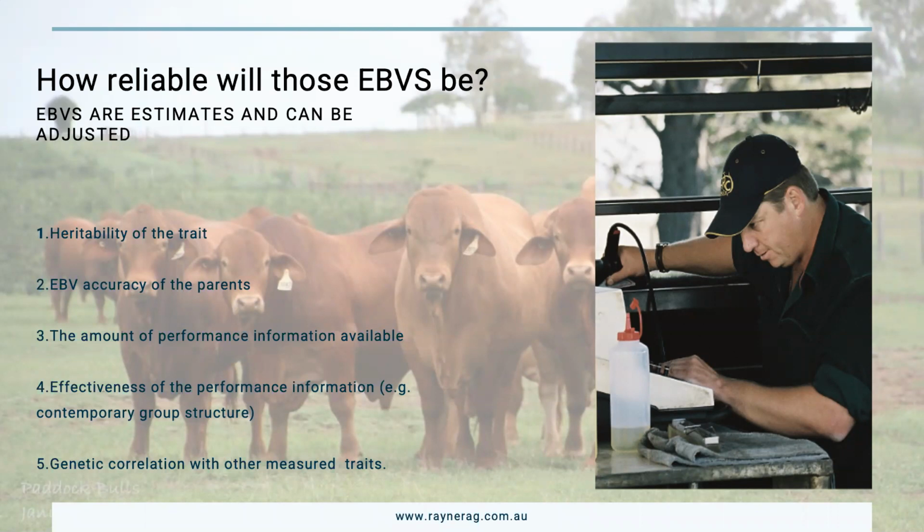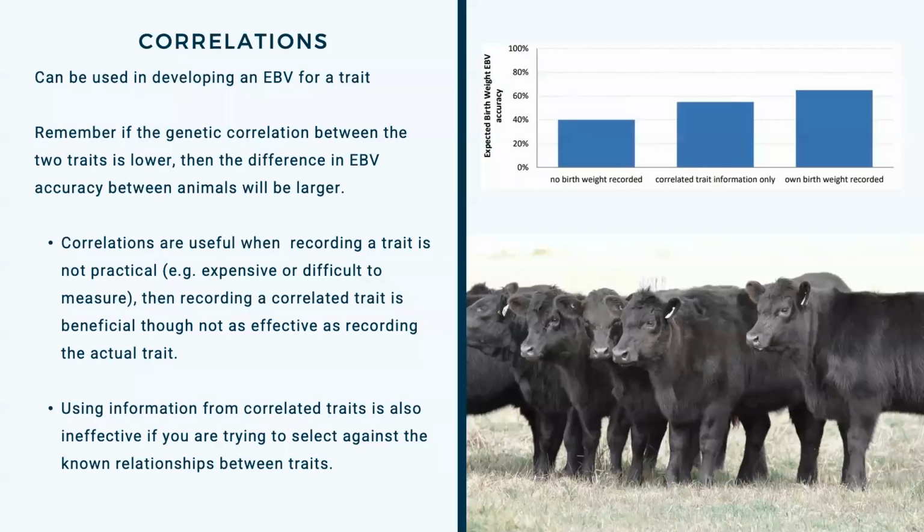And finally, the correlation with your other traits. And remember, knowing that correlations do occur with traits can allow an increase or decrease in an EBV as we get a little bit more information that has been measured on some of those other traits, because we know that they would be correlated. So when we think about this, we have a look at correlations.